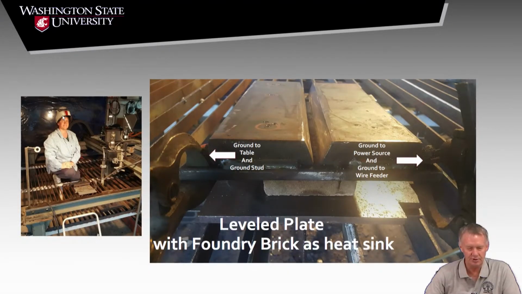So this is her in her shop. What she's doing in her wire arc additive is actually joining two big plates. We have about 2.5 centimeters between the top of these plates, and it's about a 3 centimeter wide, thick plate.